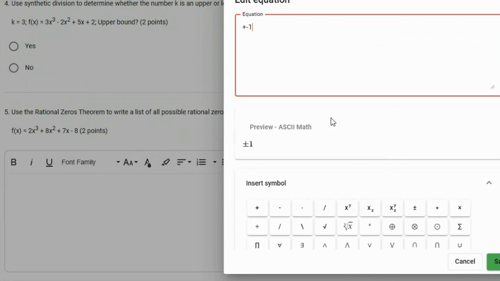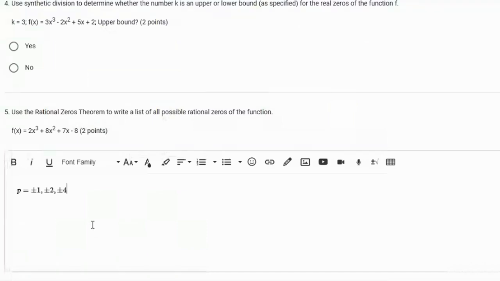It's plus or minus 1, plus or minus 2, plus or minus 4. And I would list the P's, something like P equals plus or minus 1, plus or minus 2, plus or minus 4. Then I would list my Q's, Q equals, and then I would finally list my final factors.